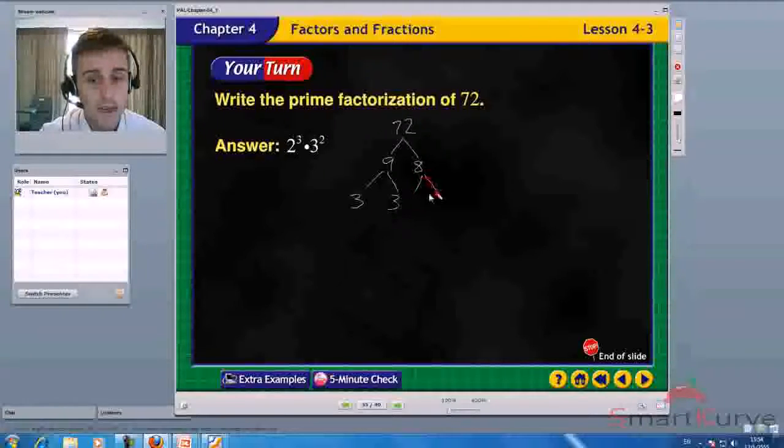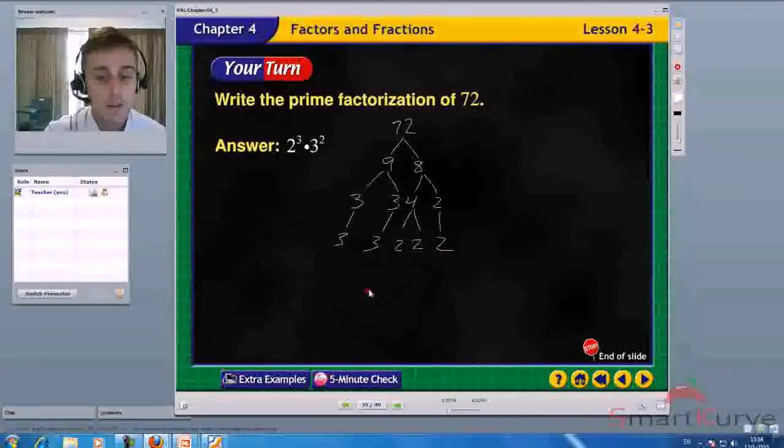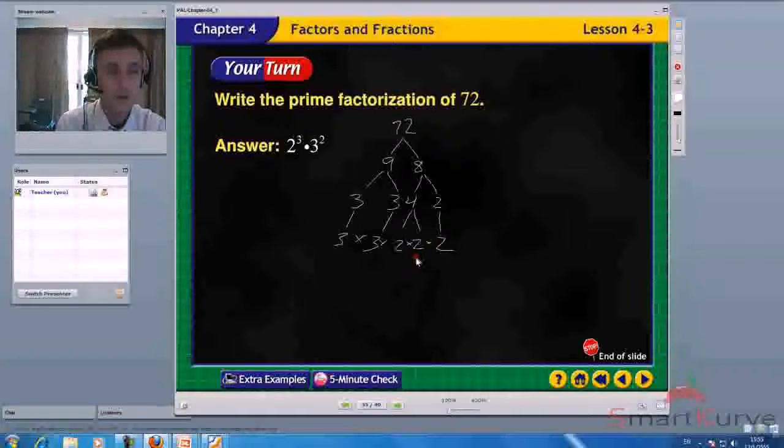And from 8 we can have 4 and 2. 3 stays the same. 3 stays the same. 4 becomes 2 times 2. And 2 stays at 2. So we now have the prime factorization of 3 times 3 times 2 times 2 times 2. We write it as 3 squared, there are two, and 2 cubed. There are three 2's. The prime factorization of 72 is 2 cubed times 3 squared.